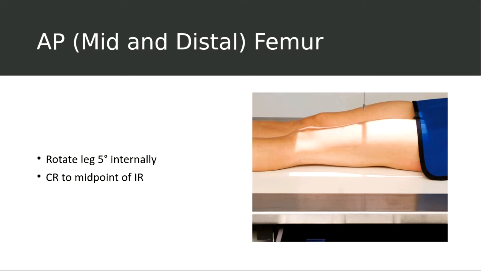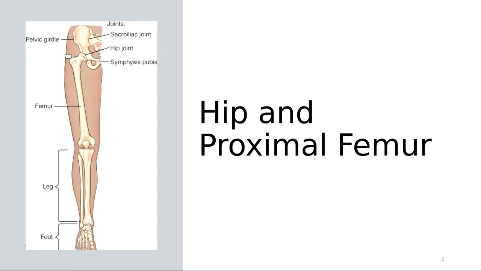Now, why 2? Remember that we're talking about imaging a long bone. And when we look at the femur, this long bone, remember that when you image a long bone, you need both joints. So we're going to need knee joint and hip. And because of the size of an adult femur, it is not likely that we would get all of that on one 14x17.